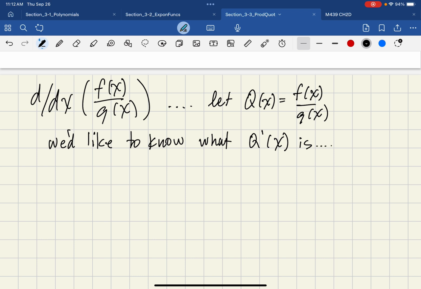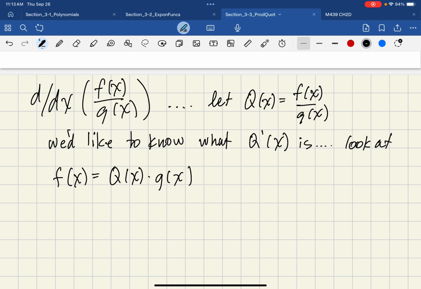But if you think about this a little bit, you can see that I can use the product rule on this one. So let's look at just what f of x would be. If I just cross multiply on what q of x is, f of x is going to be q of x times g of x.